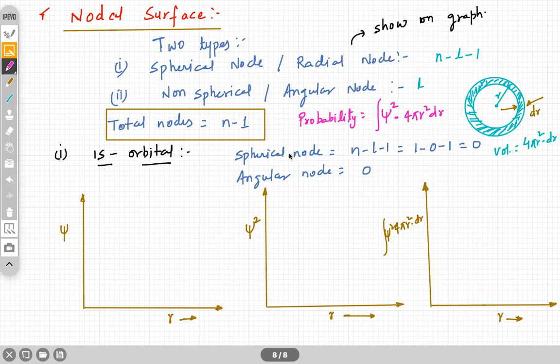Yes. So this graph is probability with radius. It is a probability density function with r, and this is the wave function with r, for 1s.